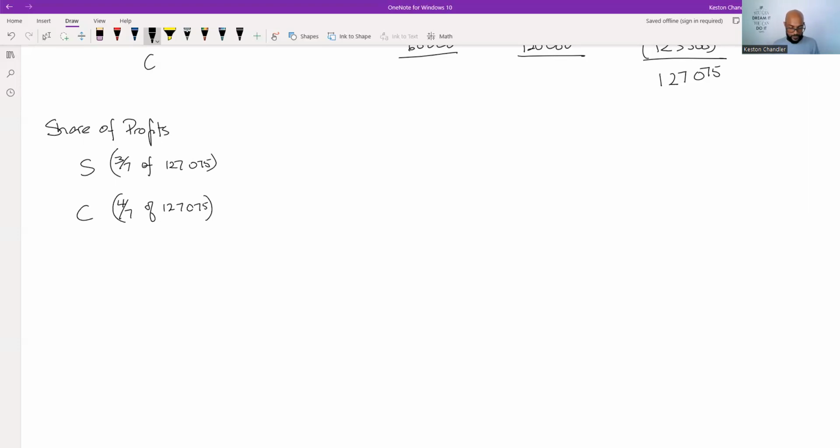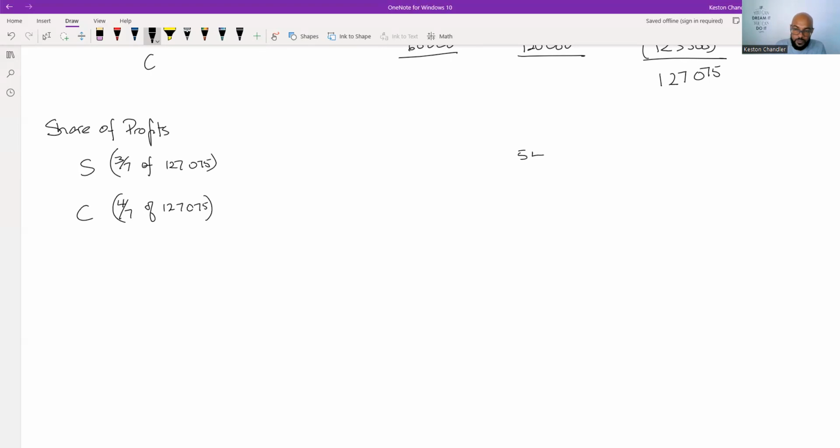After we find these figures, I'm just going to write it here: 127,075 multiplied by 3, divided by 7. Put these here.